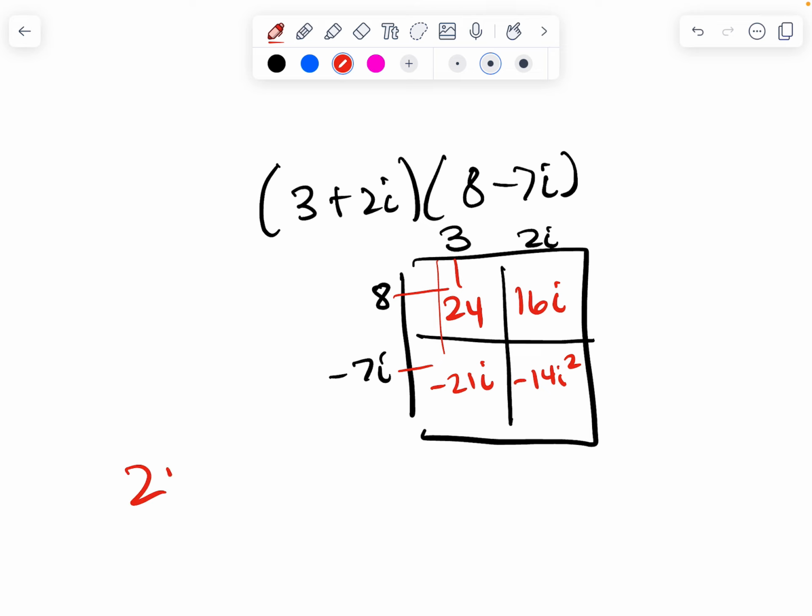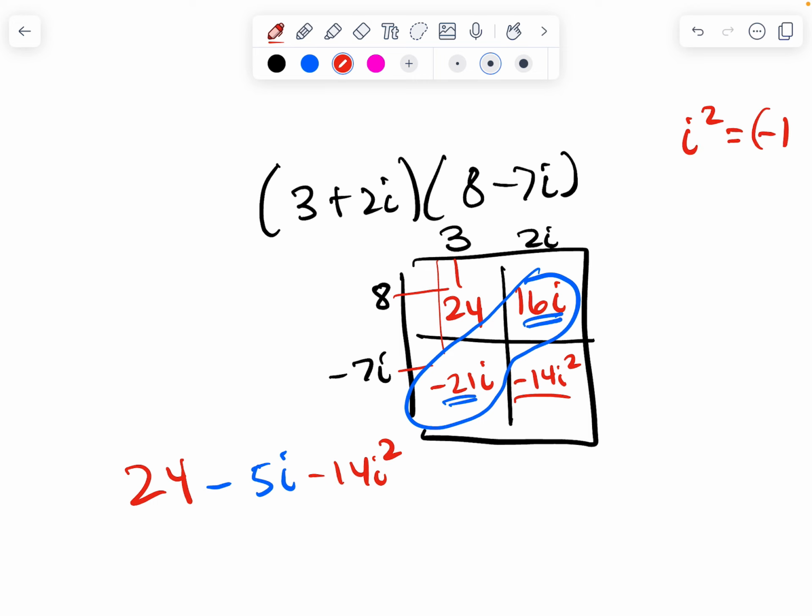We've got 24. Before I go any further, you might notice that these guys are like terms. 16i minus 21i, so we can combine those together to be negative 5i. And then our last term is this one, it's going to be minus 14i squared. But again, remember, i squared equals negative 1.